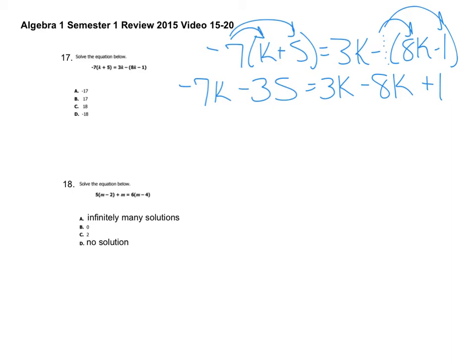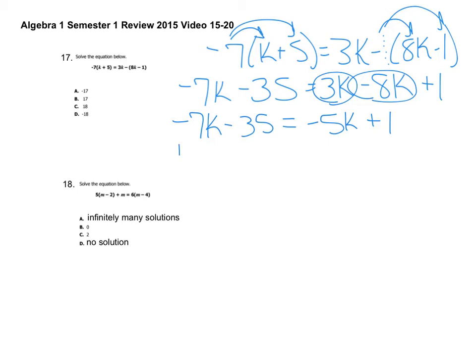Now, be careful with variable on both sides. We distributed. Now look and see if you can combine like terms. Nothing on the left, but on the right I have 3k minus 8k. That's minus 5k. Once you get both sides simplified, now start moving things around. Move your variable first. You will save yourself some confusion most of the time if you move the variable first.